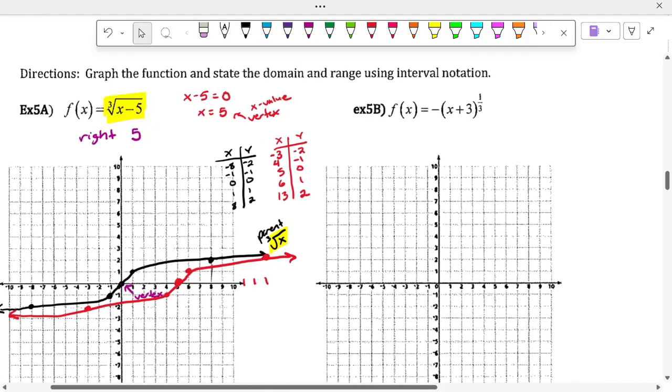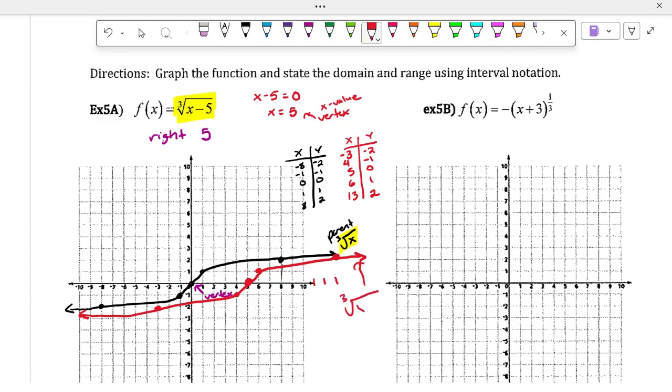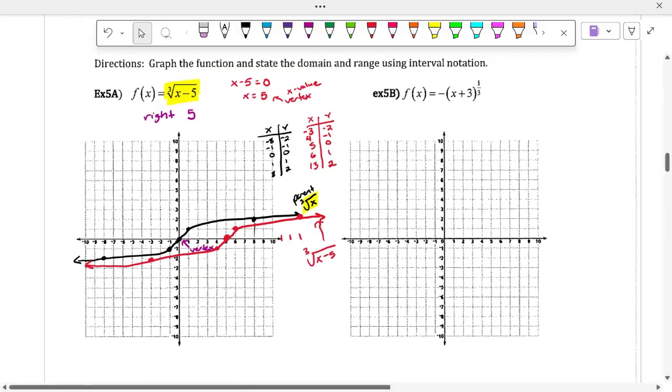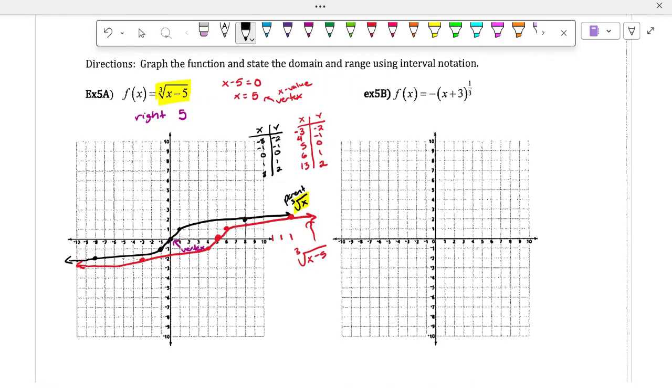All right. Any questions on that one? So this graph would be the one that we originally wanted. Now, what do you guys think the domain of that red graph is? It's all real numbers. What about the range? All real numbers.